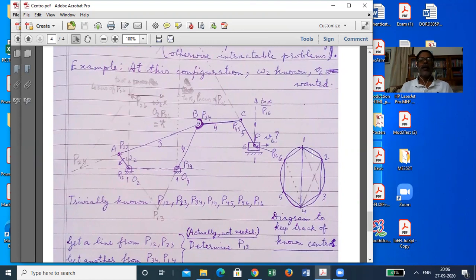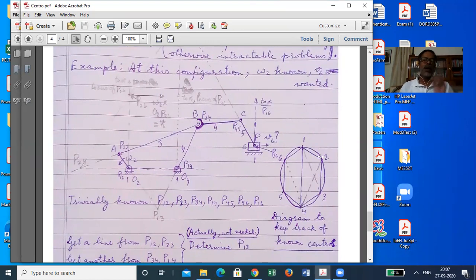Then similarly, P23, P34, P14, P45, P56, P61, or P16, whatever. So these are known, so these are connected by continuous lines, to demarcate in this static picture that these are known in one round, in the 0th initial round.